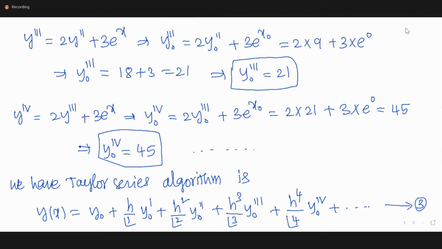Here, what is the h value? Given that y of 0 is equal to 0, x naught is equal to 0, and x1 is 0.2. So h is equal to 0.2 minus 0, that is 0.2.